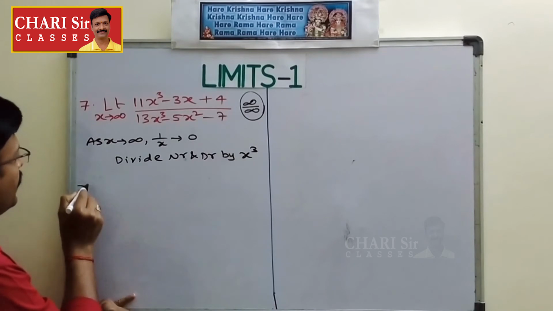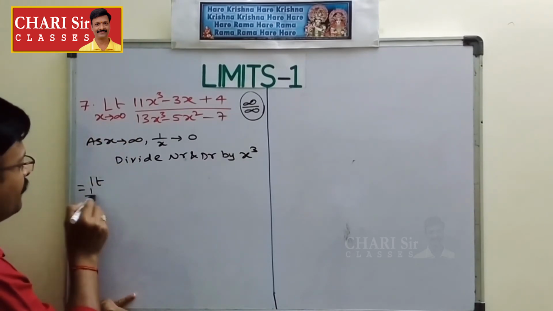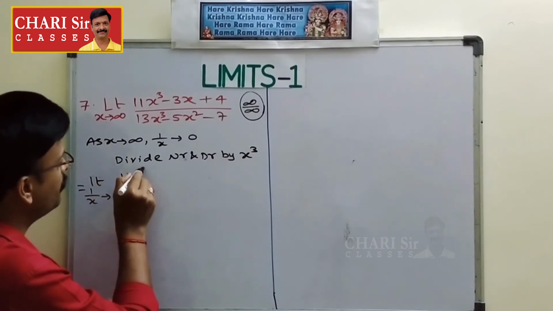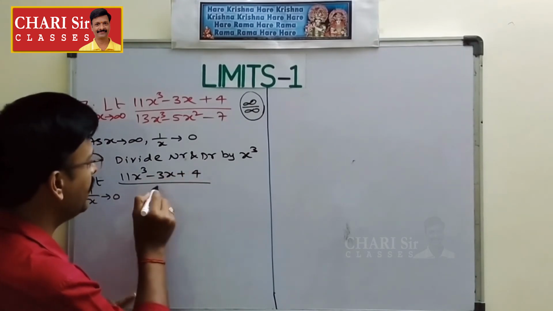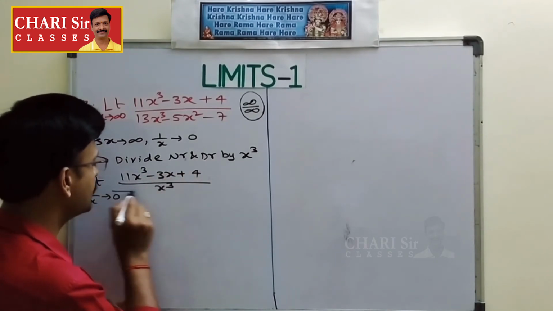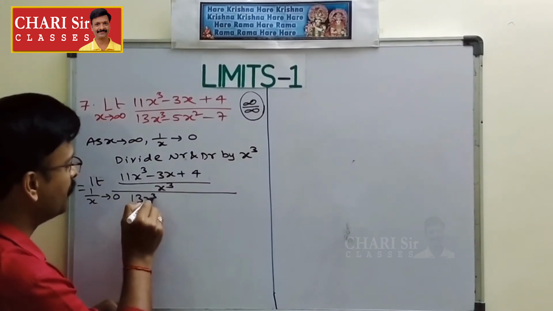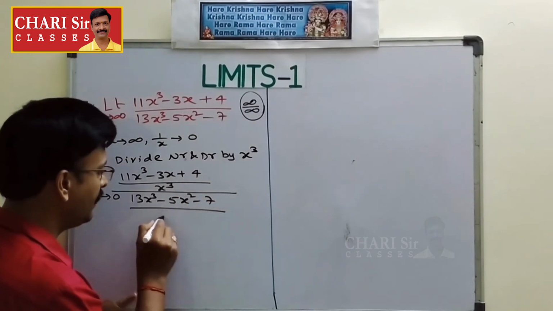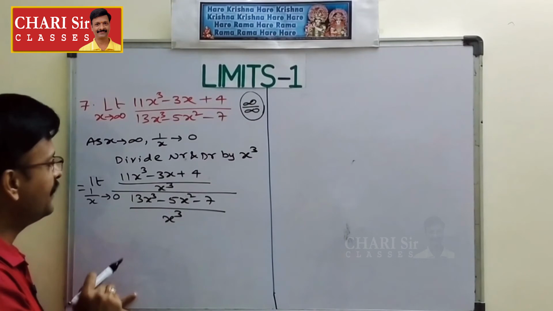Now, instead of x tends to infinity, you can write 1 by x tends to 0, and (11x cube minus 3x plus 4) by x cube, total divided by (13x cube minus 5x square minus 7) by x cube. Both the numerator and denominator we are dividing by x cube.